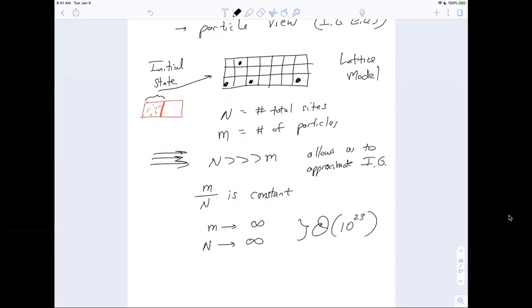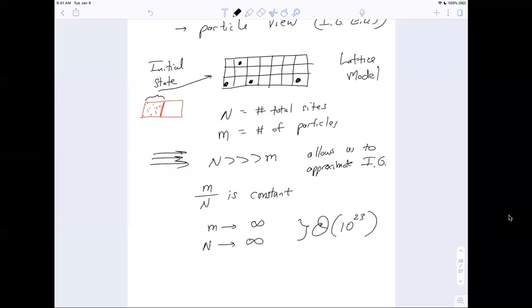So little m, the number of particles, is usually, because we're dealing with moles, on the order of 10 to the 23rd. It could be more. So it's a huge number, okay? And if capital N is much, much greater than little m, then we're talking about sizes that we can effectively say, for mathematical purposes, go to infinity.